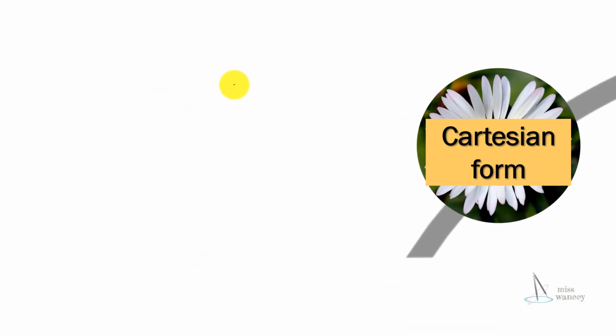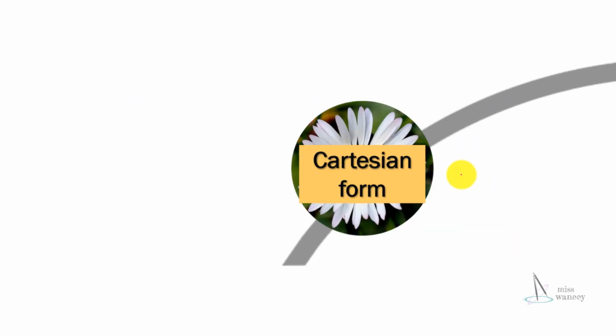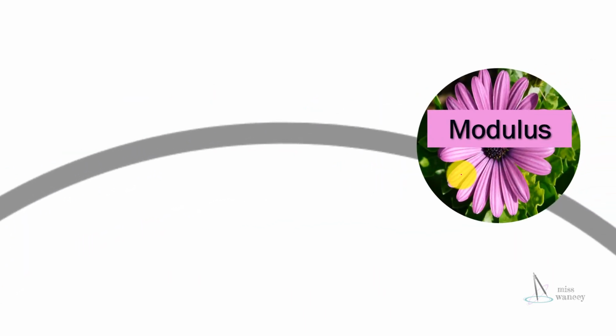I already checked previously that 3 plus 4i is in Cartesian form, so this step is done. Now the modulus of z.